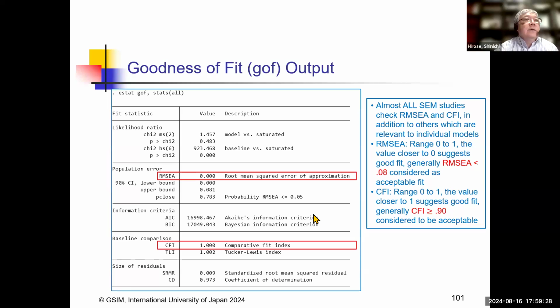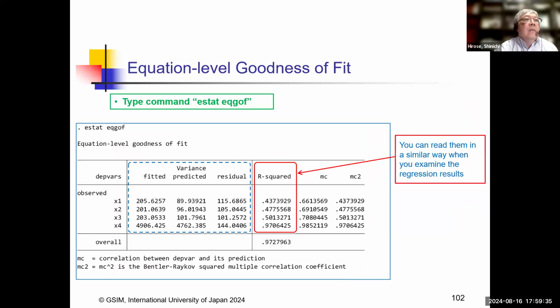Questions? Okay. Then, let's check the equation level goodness of fit, which is one more further step. You simply type in the command line estat eqgof. Of course, we can do that from the menu window. However, it's easier to type in.